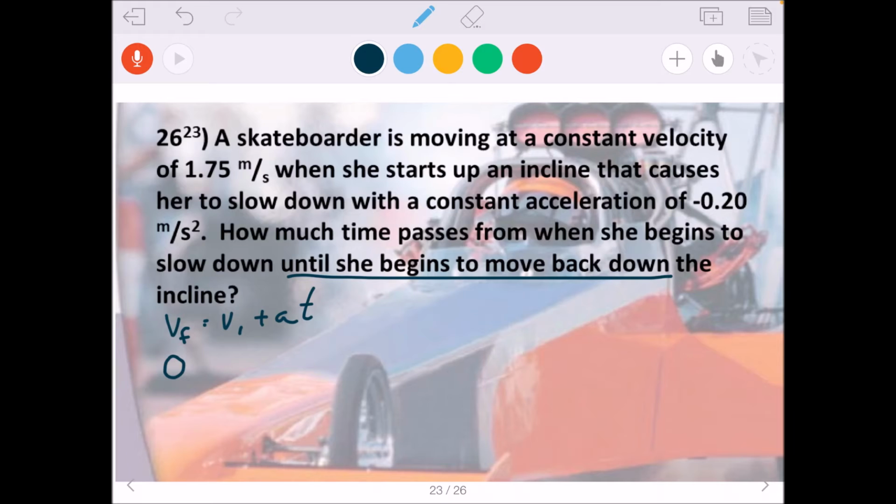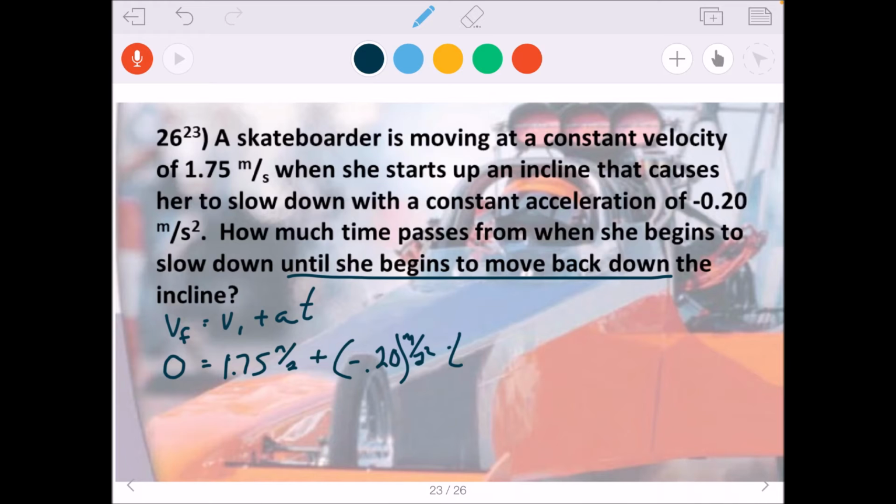So she's going up. At some point she's going to have to stop in order to start moving back down. So that point at which she stops, her velocity is going to be 0. That is the point that I want to know. Her initial velocity is 1.75 plus the acceleration of negative 0.2, and then our time, which we don't know.